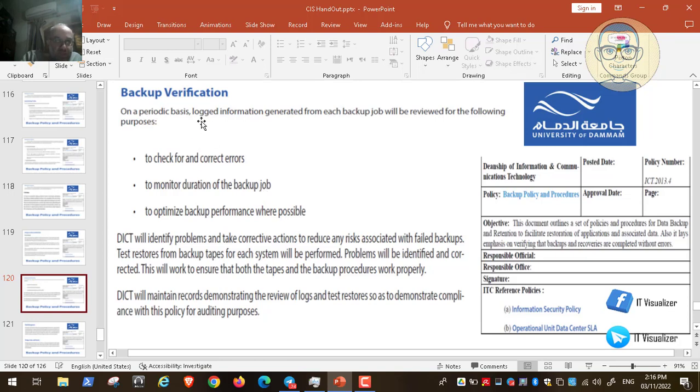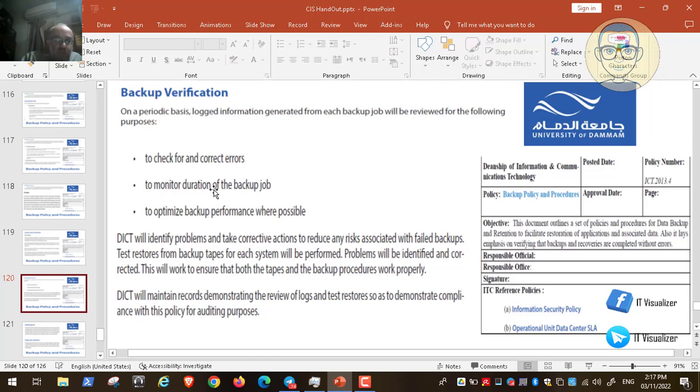On a periodic basis, logged information generated from each backup will be reviewed for the following. If you are using a centralized system to back up the different workstations and servers, then the backup log should be read to check for errors and to monitor the duration of the backup, to see how much time the backup takes.